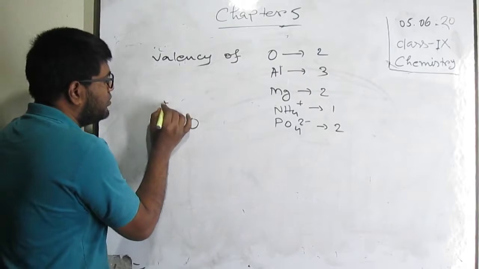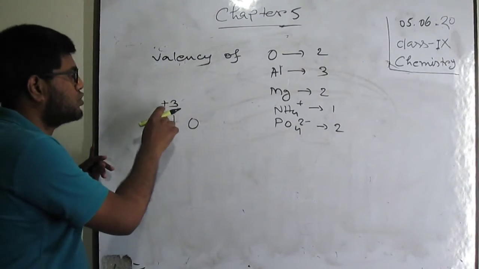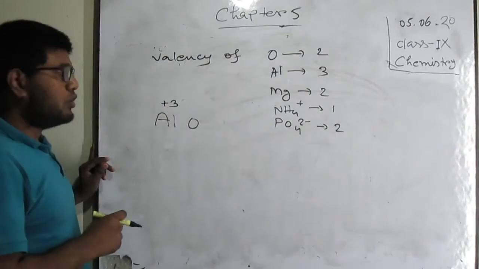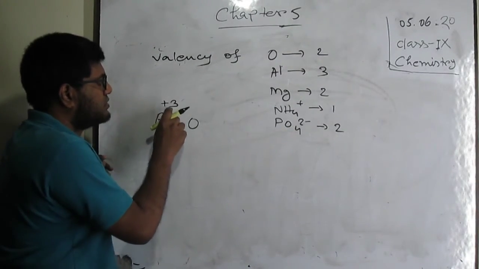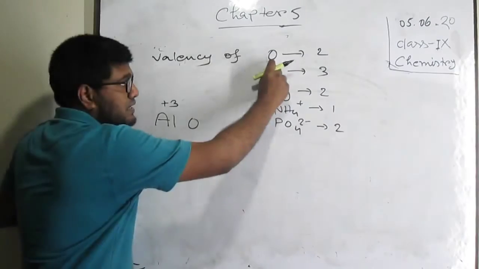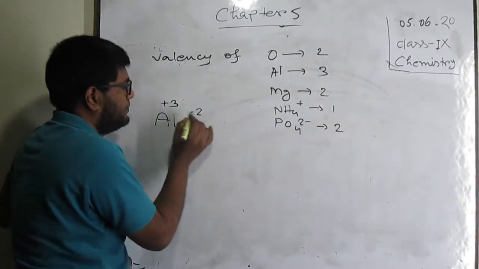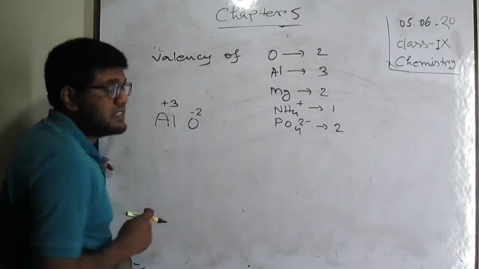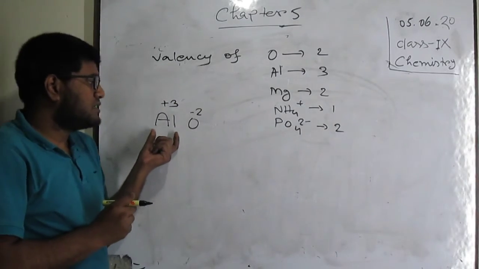So aluminum is plus 3, because it has to donate 3 electrons, so its charge or oxidation number is plus 3. Oxygen is a non-metal, so it will accept 2 electrons because its valency is 2.